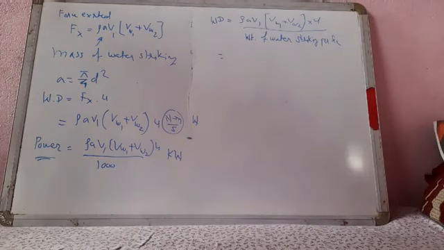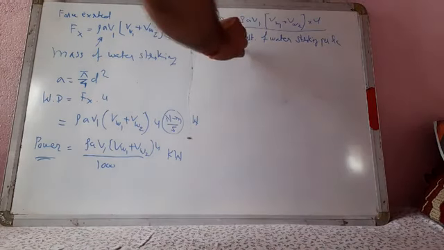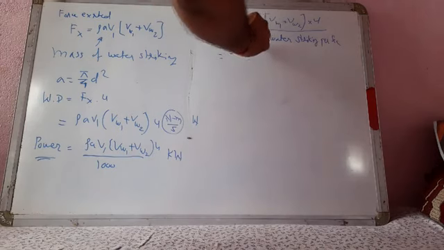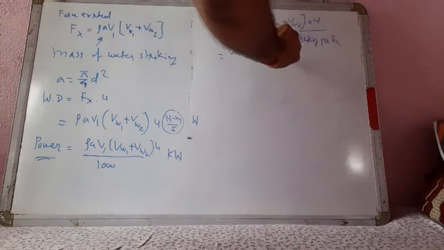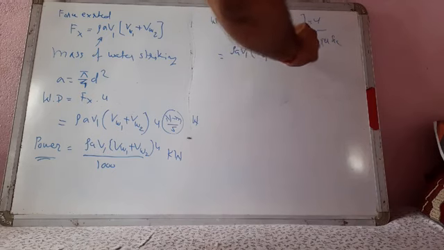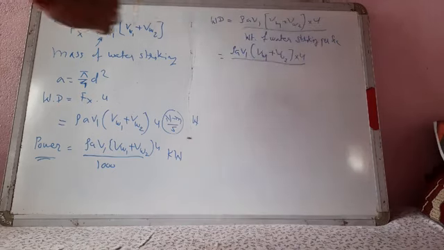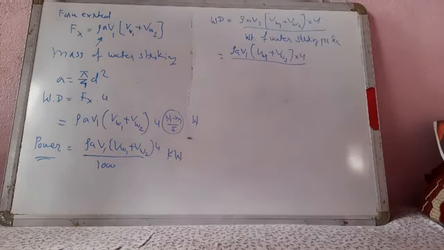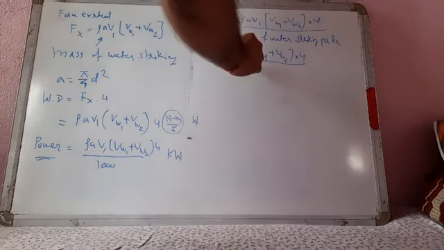So here this is rho A V1 (VW1 plus VW2) into U by rho A V1 into g.